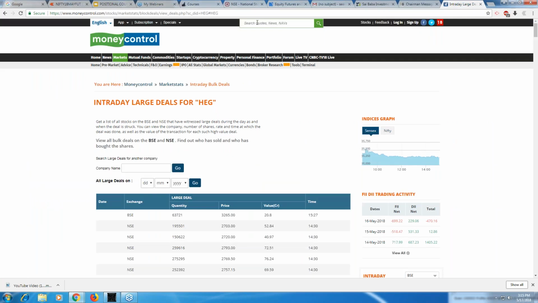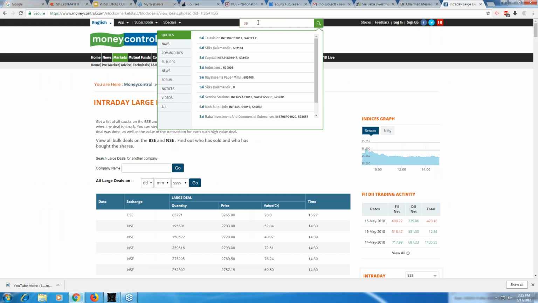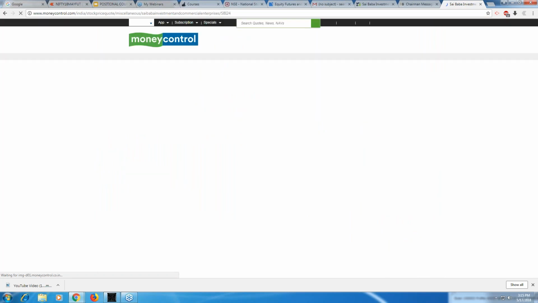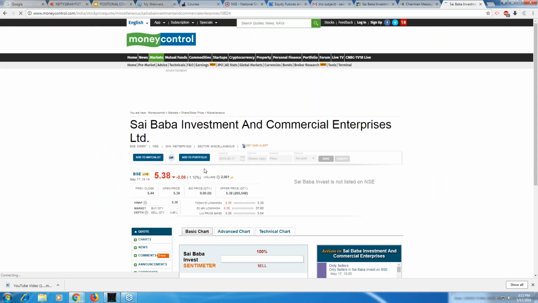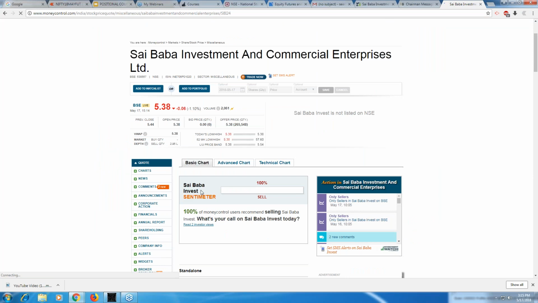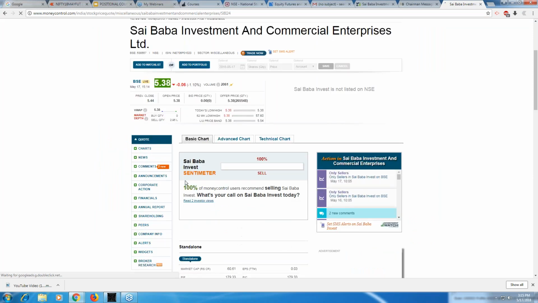Now let's check Sai Baba at Money Control also. Sai Baba Investment and Commercial Enterprises. Right. So let's see what's happening. How is the shareholding pattern and everything?